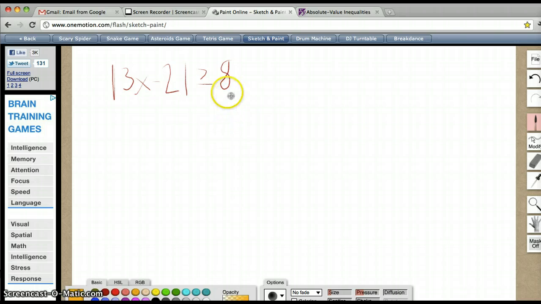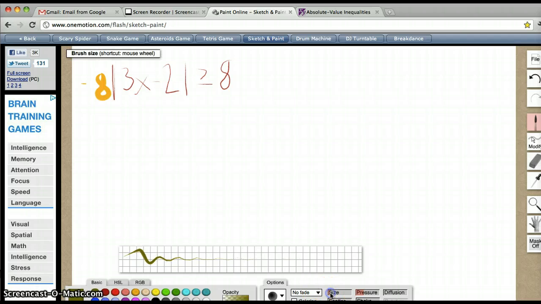And remember, if I've got an 8 on this side, then I'm going to have a negative 8 on this side. Okay? All right, so let's go ahead and solve for x.